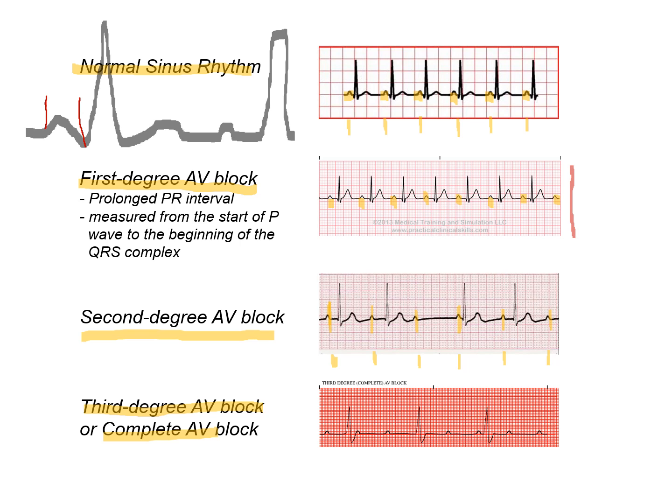The key thing here is if you look at the P's, you see P, P, P. There's a P hidden under here. P, P, P, P. You have steady P waves, so the SA node is depolarizing steadily, as it should.